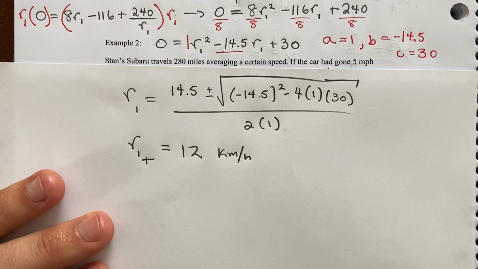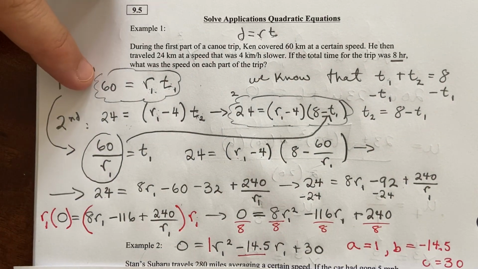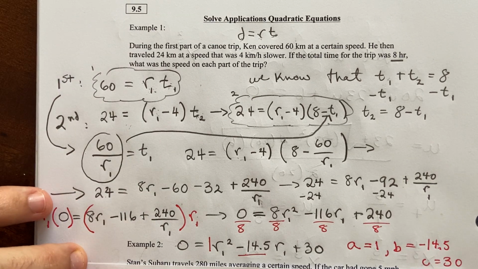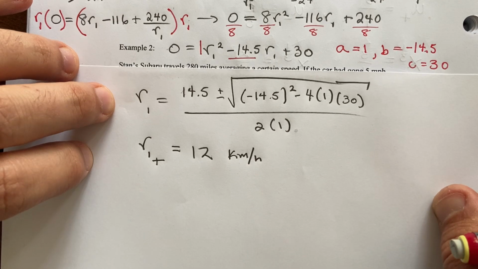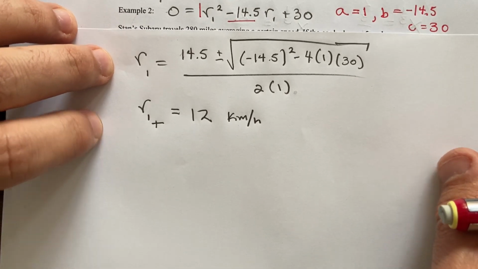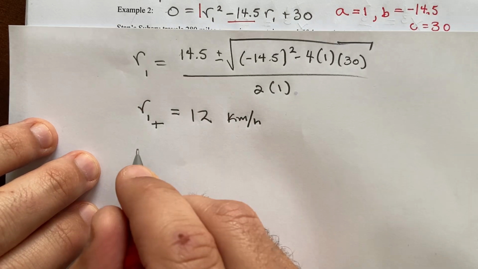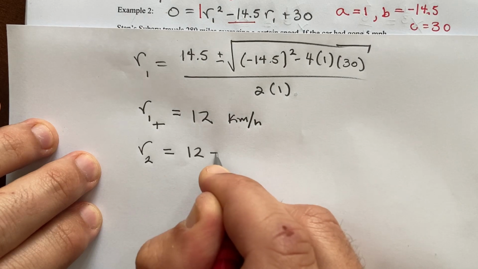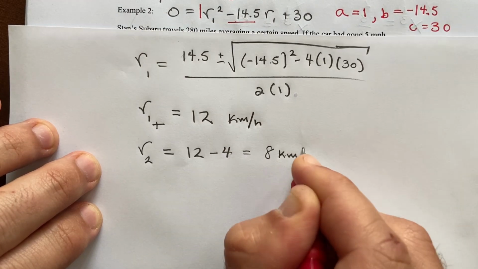Right, so that was the rate for the first part of the trip, actually. So this first part of the trip, we just figured out what R1 was. Okay. It was given that R2 is 4 kilometers per hour less than this. So R2 would equal 12 minus 4, in other words, 8 kilometers per hour.